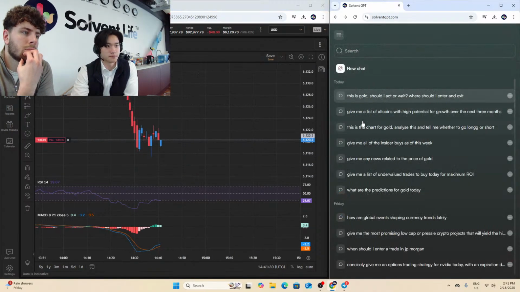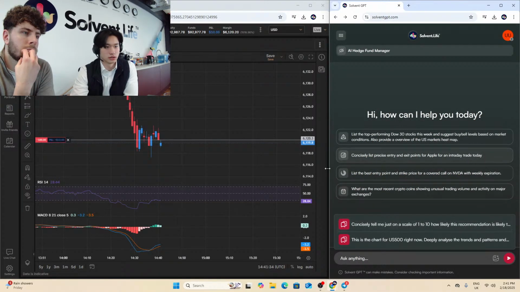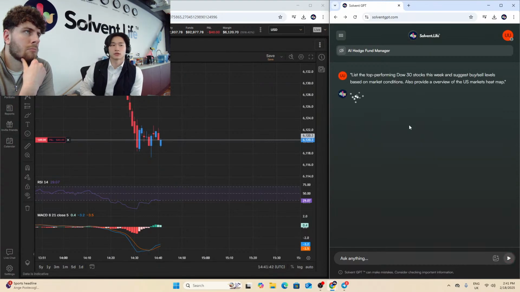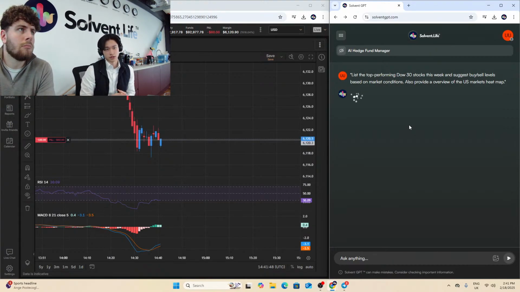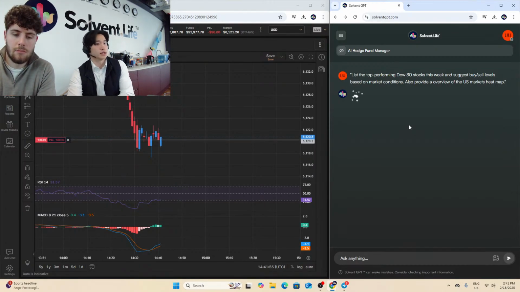And in the meantime, let's just have a look at a heat map. So these are one of the pre-engineered prompts that we have. Top performing Dow 30 stocks for this week, suggest buy and sell levels based off of the market conditions and provide a heat map.